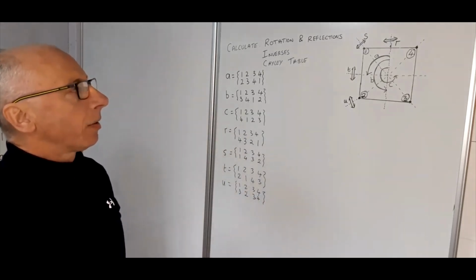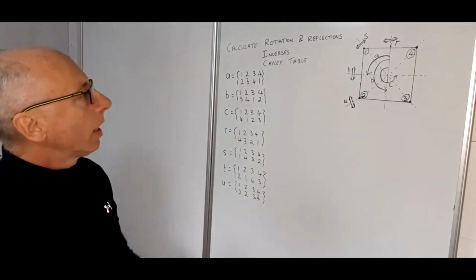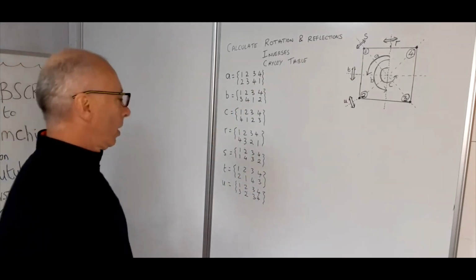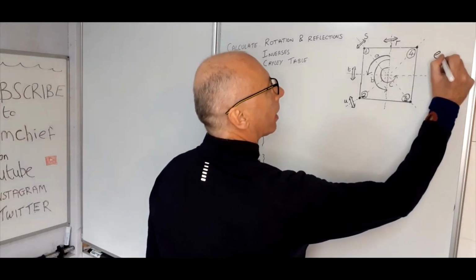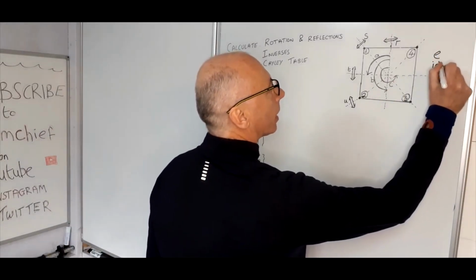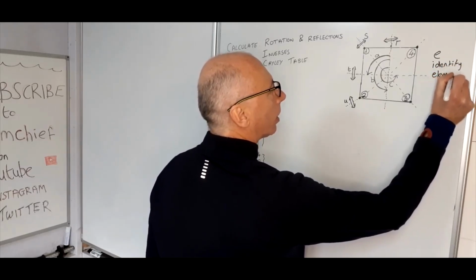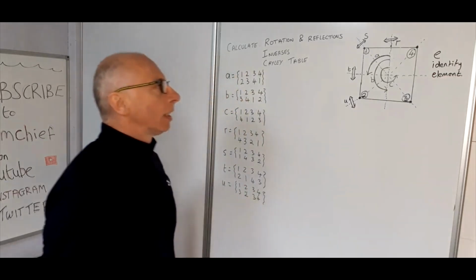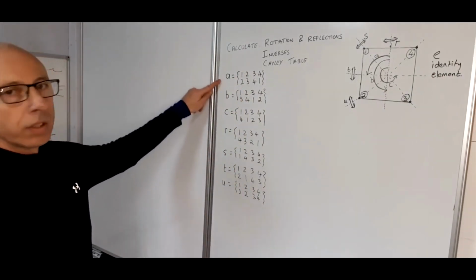Okay, now there's one element missing from these, which is the identity element. So I'm just going to write that in here. E is the identity element. You'll see here we've got 7 different elements.